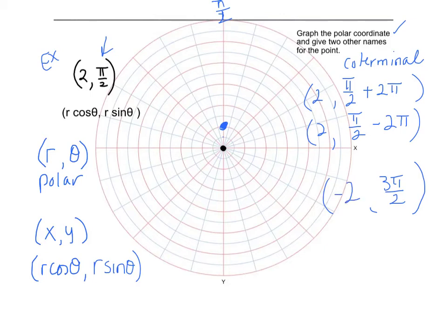So here we've given at least 3 other names for this one point, whether we go all the way around once and end up here and go out 2, or we go backwards, we go this way, right, and end up here and go out 2. This one, we went all the way to here, down to 3 pi over 2, and then went backwards to arrive at that same point.